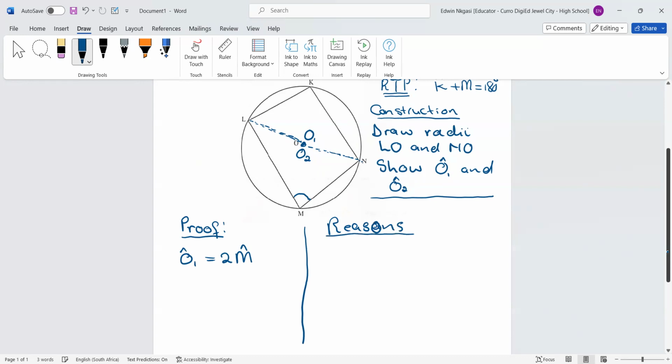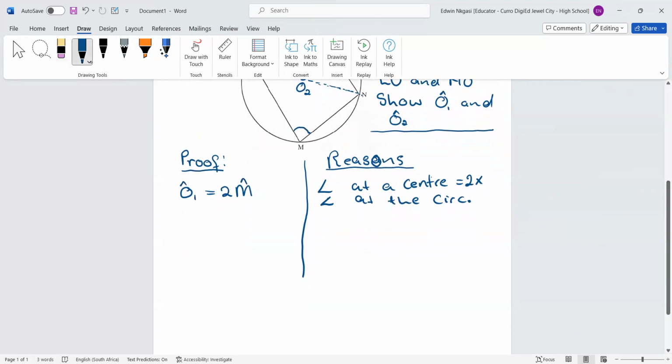The reason here: angle at the center of a circle is 2 times angle at the circumference. You can write the full words, or you can just leave it like this. So that's the step that I'm going to take.